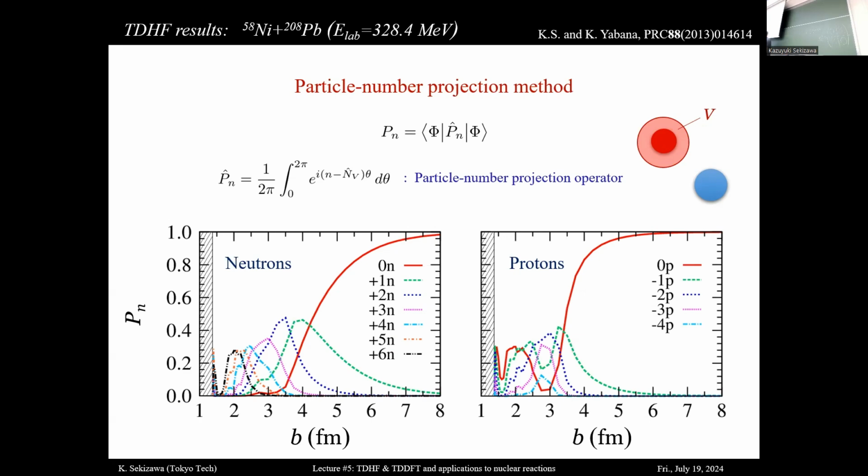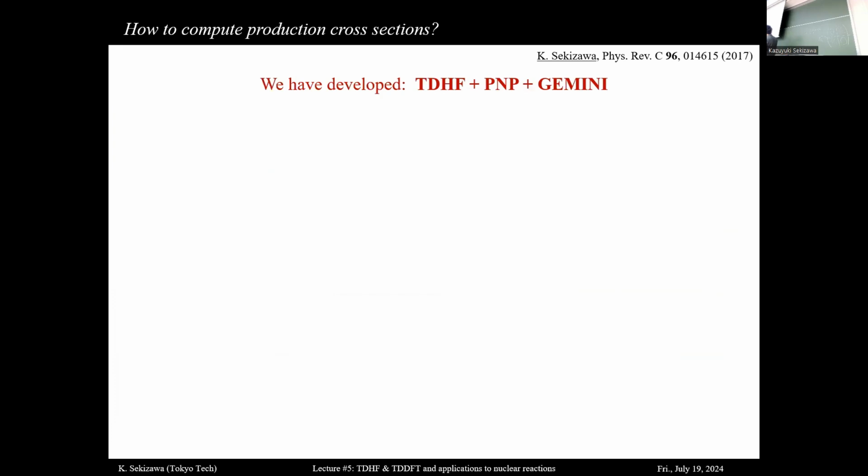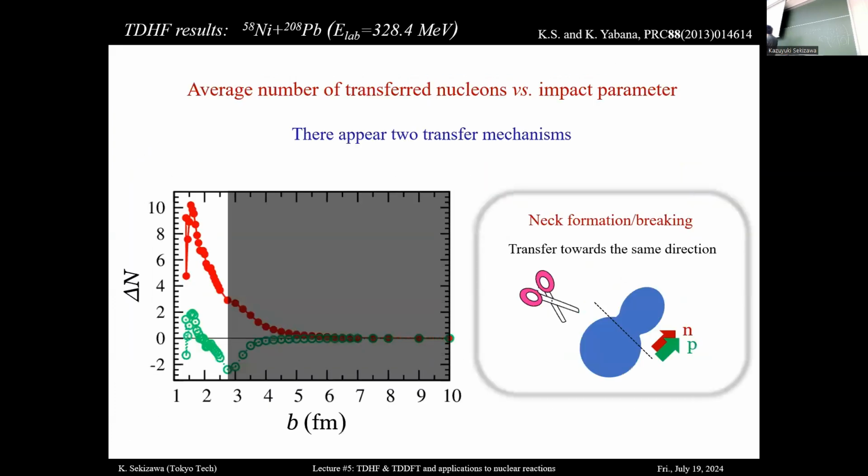So, as I mentioned, the proton transfer, here. So, after charge equilibration, okay, when two nuclei collide, neutrons and protons are transferred in the opposite direction. But after this charge equilibration, it develops a neck and it transfers in the same direction.